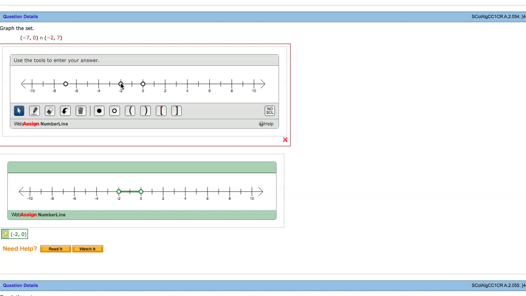Now, neg 2 to 7 is there. Okay. And let me get rid of the neg 2 to 7 real quick. I needed to shade first. Let me shade. I need to shade this. Now neg 2.